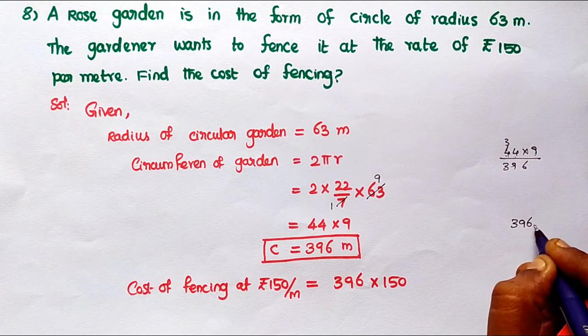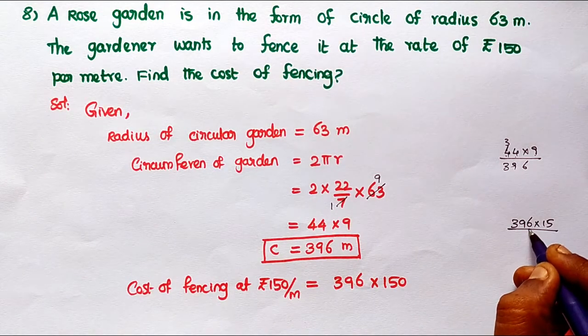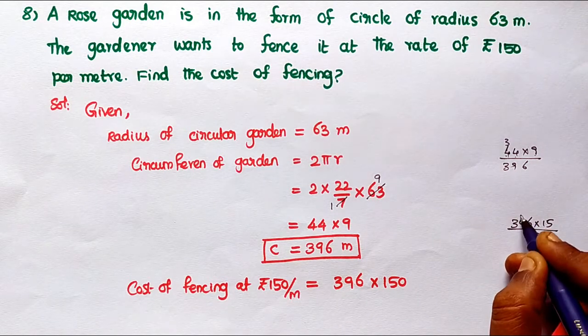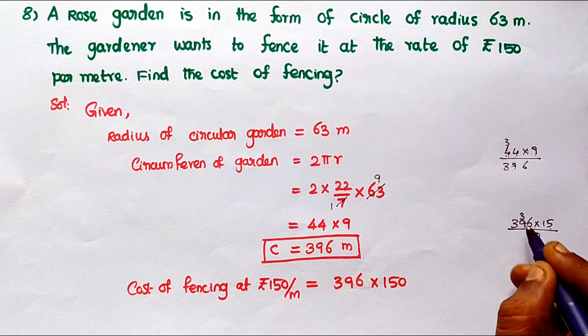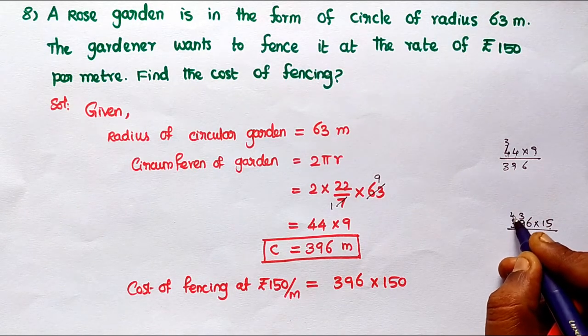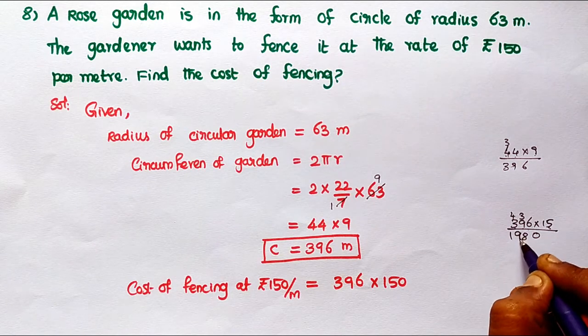So 396 into 15. 6 5s are 30, carry over 3. 9 5s are 45 plus 3 48, carry over 4. 3 5s are 15 plus 4 19.